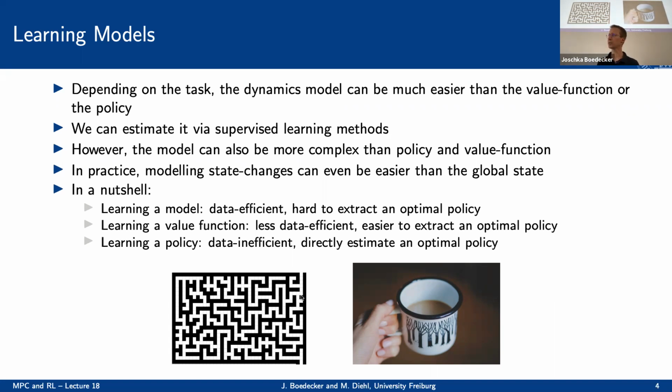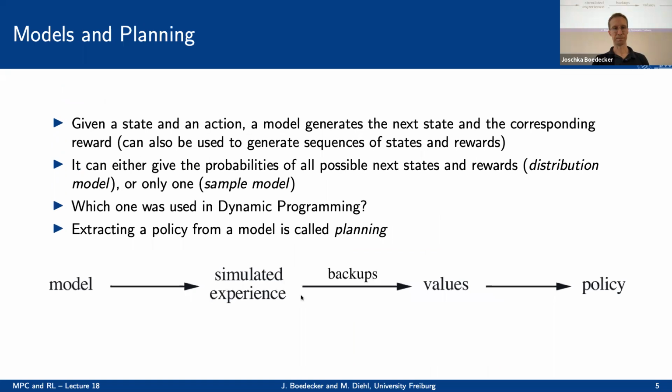But if you think about the policy, getting close to the cup is relatively easy with your arm. And then, once you're close to the handle, all you need to do is basically close your fist. That's a reasonably good policy. And it's simple compared to modeling all the physics of what might be going on there. So for different problems, different things make sense to learn.